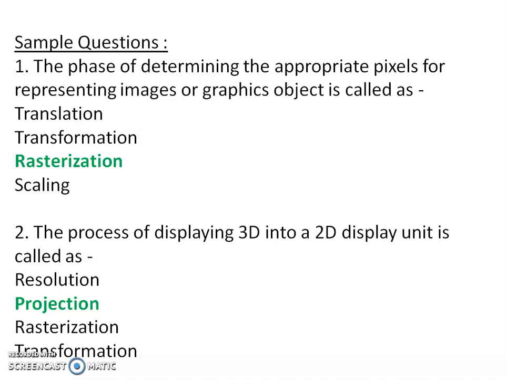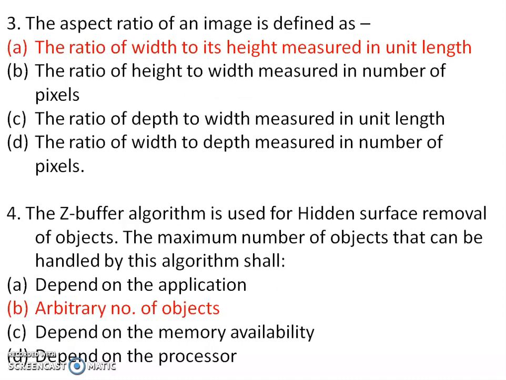Next one is, the process of displaying 3D onto a 2D display unit is known as projection. Thus, we are projecting onto a 2D surface. The aspect ratio of an image is the ratio of its width to its height measured in unit length.